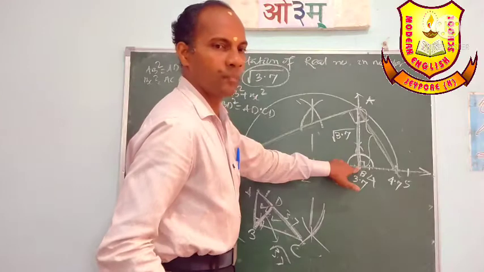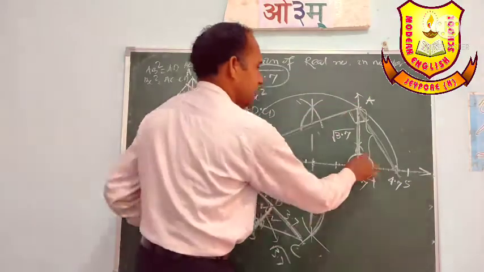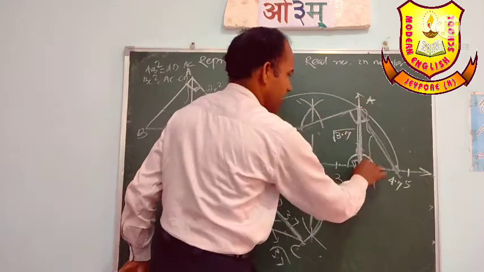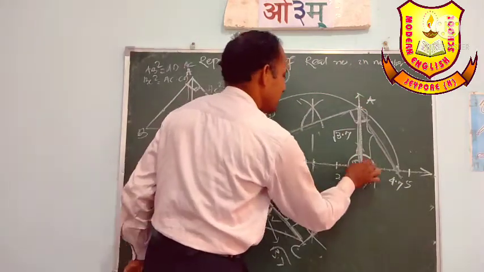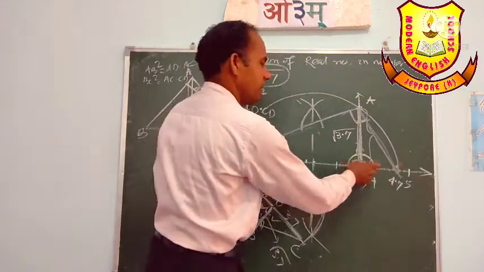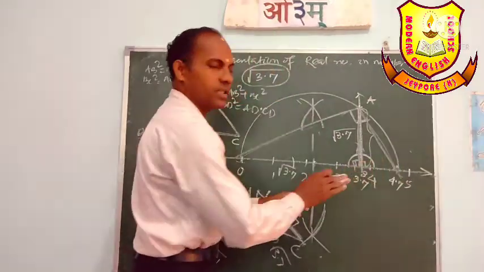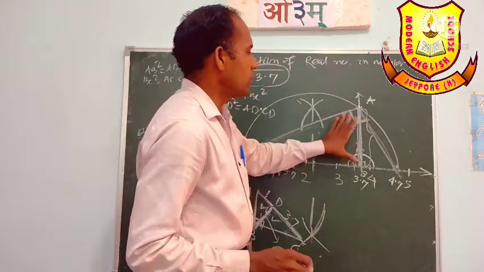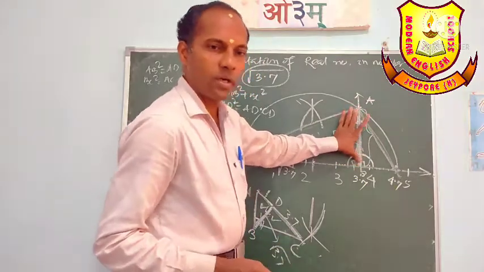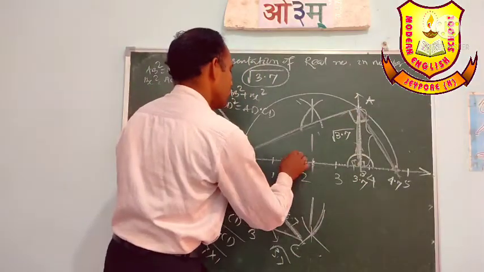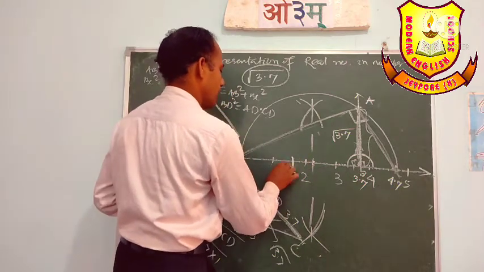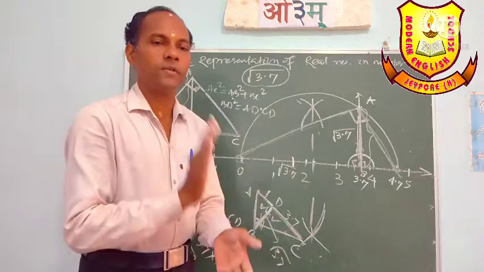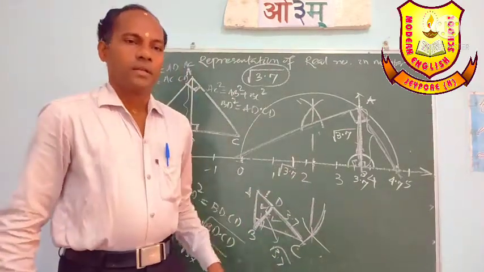So AB square equals this one into this one. This is 3.7, this is 1. So 3.7 into 1 is 3.7, root over. This is root over 3.7, shown on the number line here. I think everybody understood. Thank you.